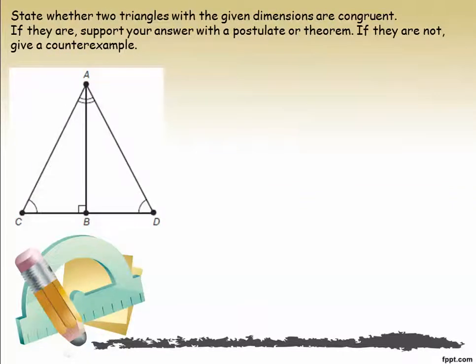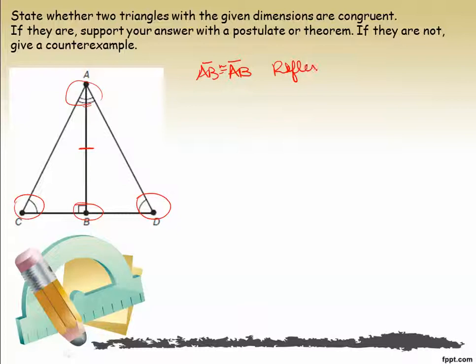Okay, it asks whether two triangles are congruent, same story. And we look at this and we see the corresponding angles of C and D are congruent. We've got this angle right here, those are congruent. And then these angles up here are congruent and they're corresponding. However, we can't say they're congruent because of the angle, but if you look right here, we know that AB is congruent to AB because of the reflexive property of congruence.